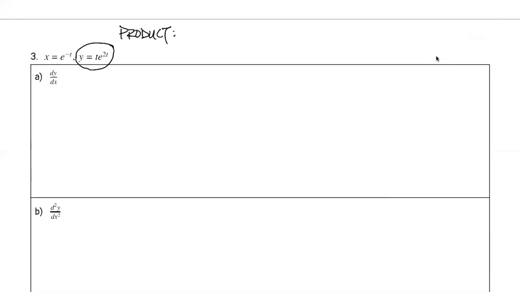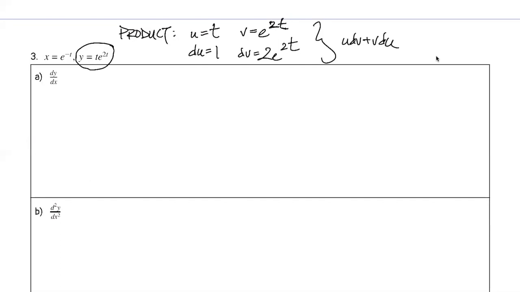So let's set that up. u equals t, du equals 1. v equals e to the 2t, excuse me, and dv gives me 2e to the 2t. Okay. So, as a reminder, product rule is u dv plus v du. Okay. So, let's plug those in for my first derivative.